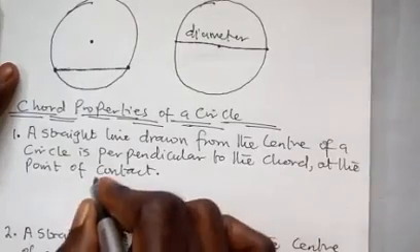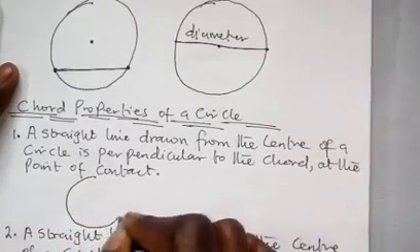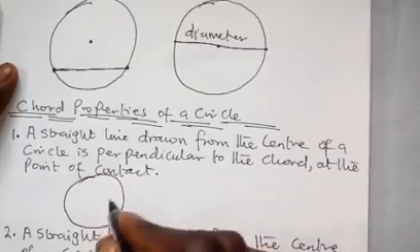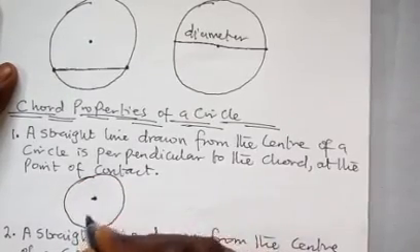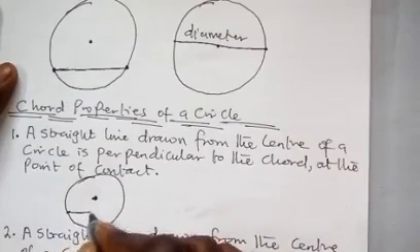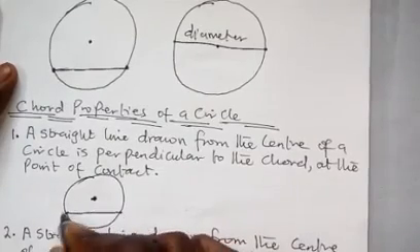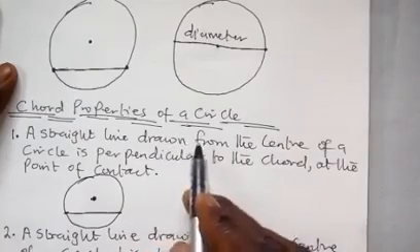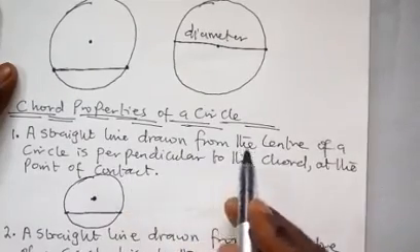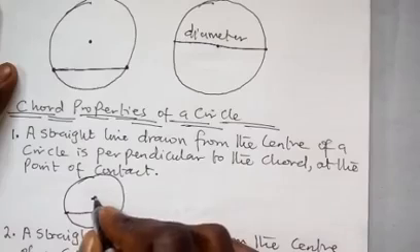Now if I draw up a circle, say the circle is something like this, now this is the center of the circle. Let's indicate the center of the circle. Now we already know that a straight line from this part of the circumference to the other part is a chord. Now from this property here, it says a straight line drawn from the center. Where is the center? This is the center of the circle.